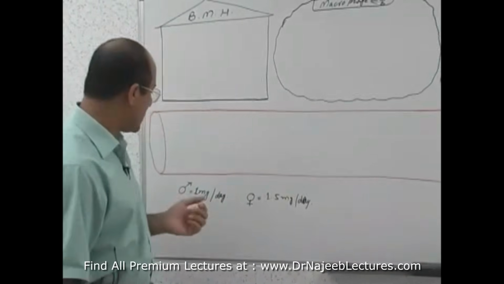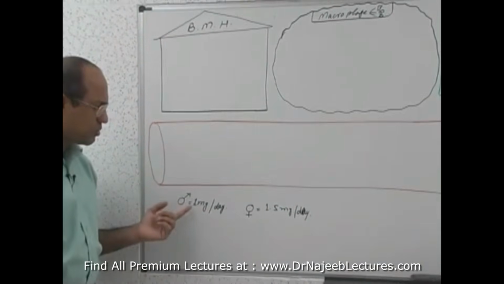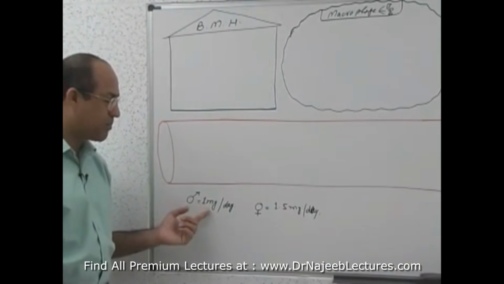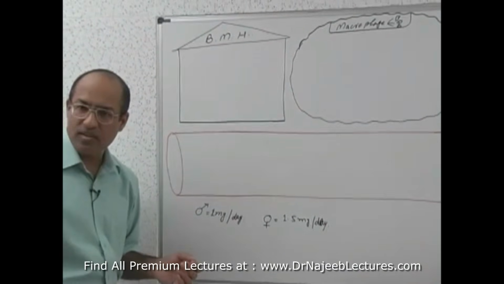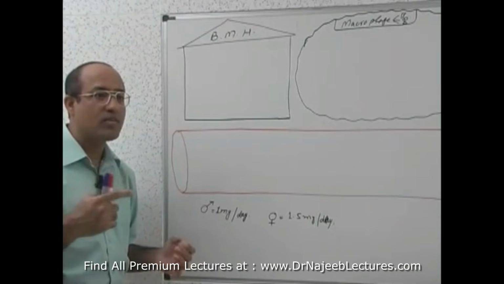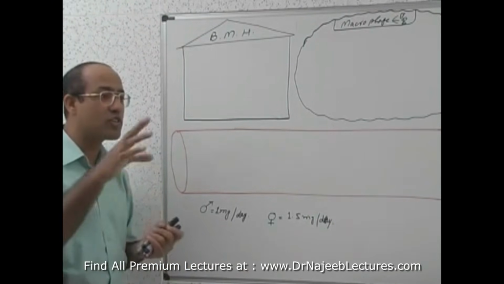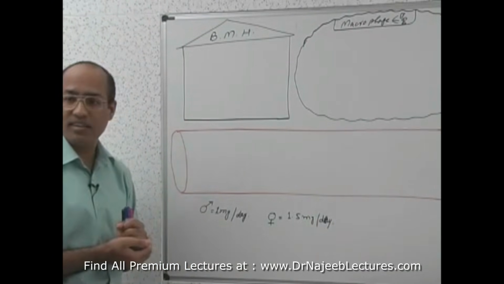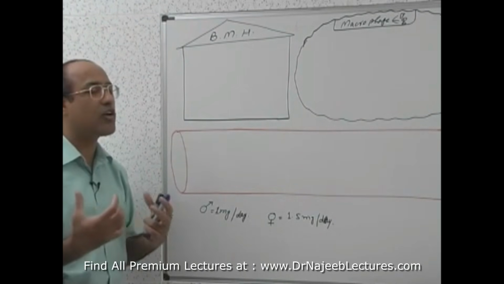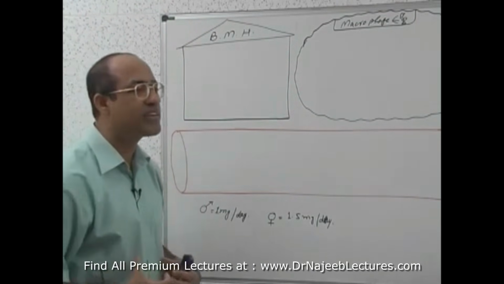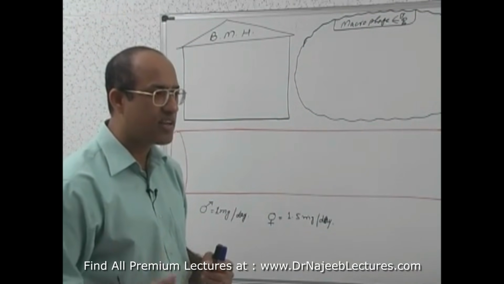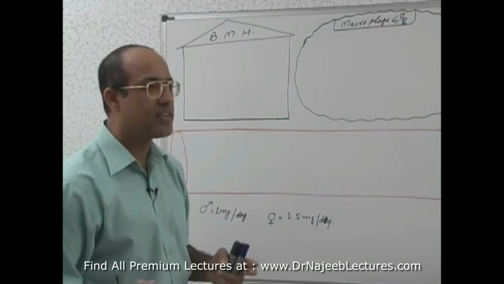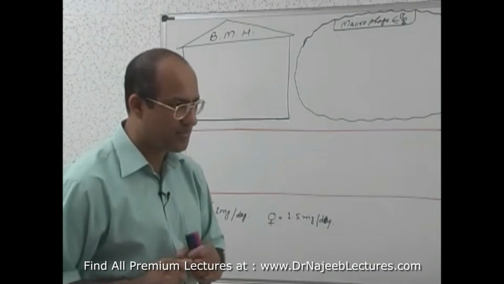Human males, adult males lose about 0.5 to 1 milligram iron per day. Where they are losing iron? Anyone can answer me? Very good. He is concentrating on feces. His answer is right. In the fecal matter, there are a lot of exfoliated, lost GIT cells. You know, GIT cells are constantly proliferating and they are shedding into fecal matter.